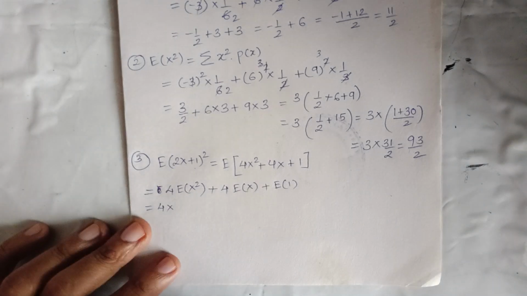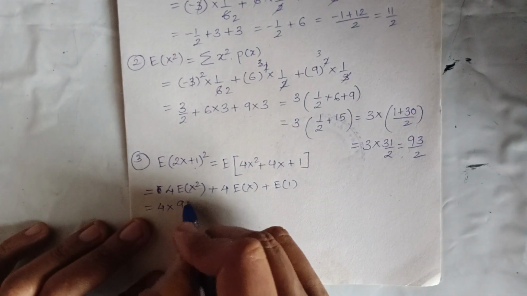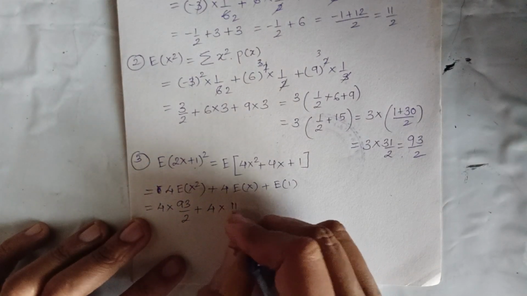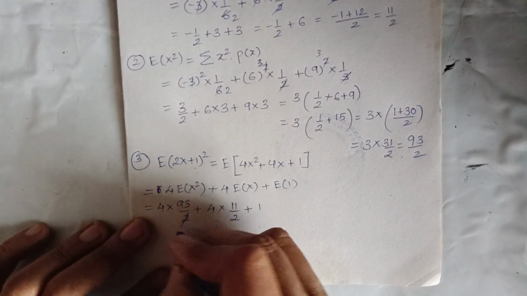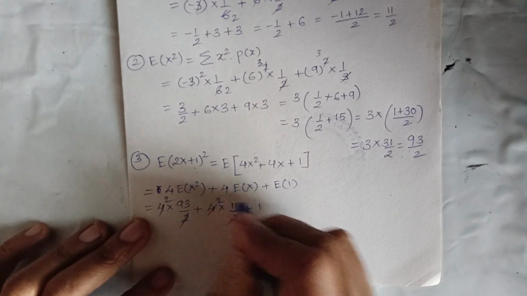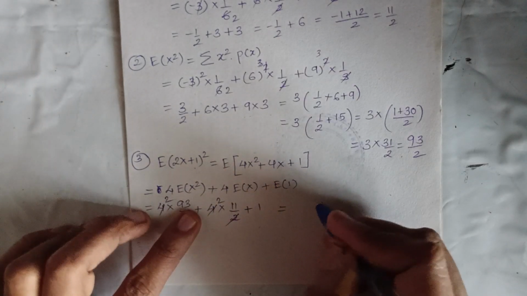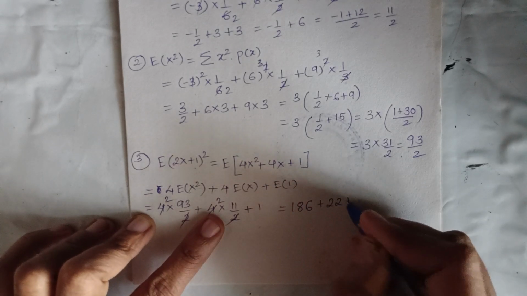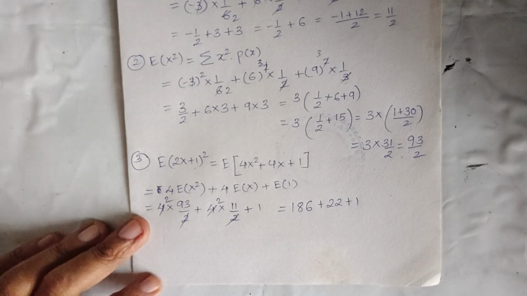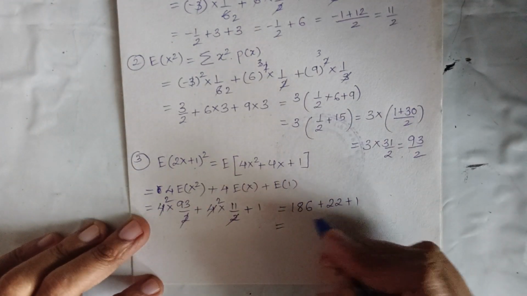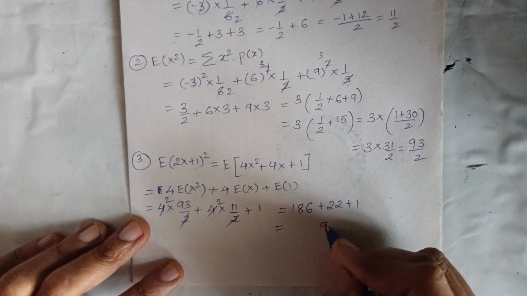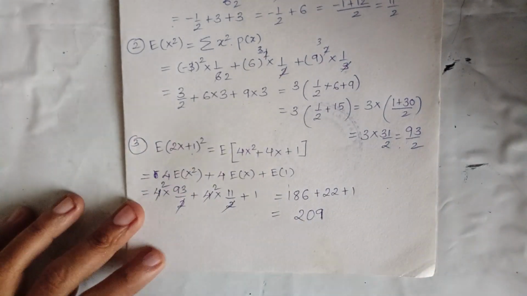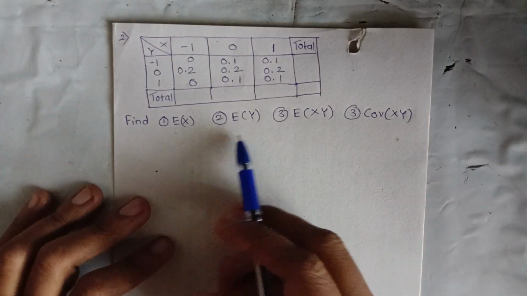So this is 4 into E(x square), which you can directly take from here, plus 4 into E(x), which is 11 by 2, and E(1) is 1. So the answer is 209.